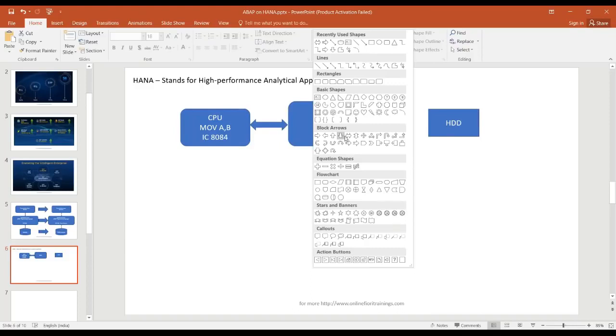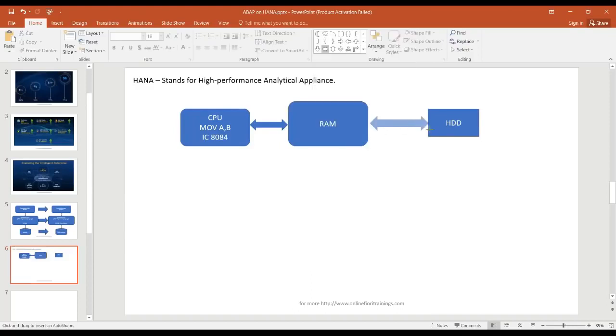As and when you need it, you load the data to the RAM, and from the RAM to the CPU, and then you process it there. So if you look at the flow, the data flows from the hard disk to the RAM, and from the RAM to the CPU registers, and ultimately in the CPU it gets processed, flows back to the RAM, and is then stored in the hard disk.